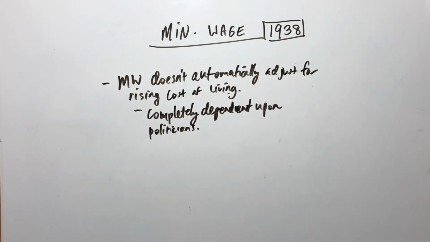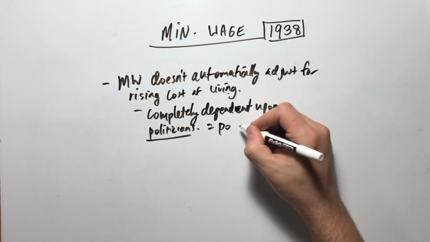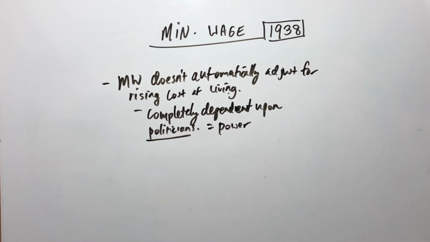And so the minimum wage, being completely dependent upon politicians, basically means that it's completely dependent upon who is in power and who has power. If those in power do not wish to see the minimum wage increased, then it won't be. And if those in power do want to see it increased, and they're able to do it, well, then maybe it will be. But it's altogether up to politicians.